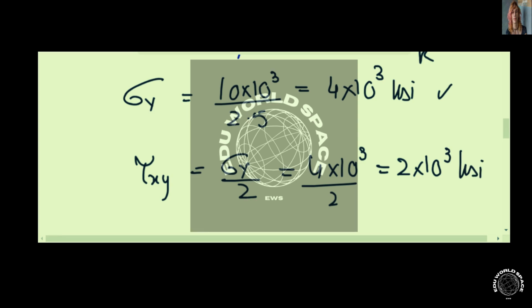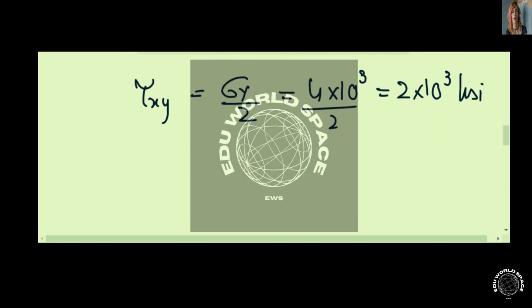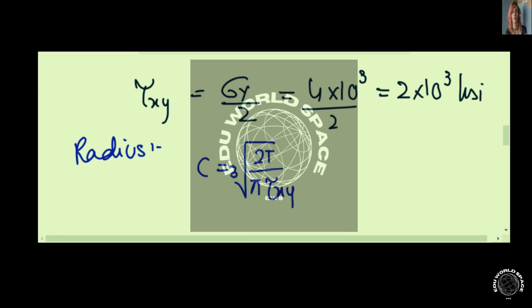Now finally we can find the radius and from there the diameter. For the radius, c is equal to the cube root of 2T divided by pi times the shear stress.